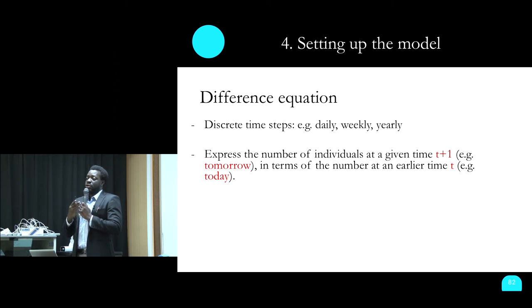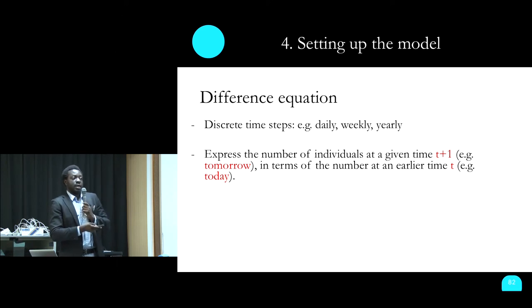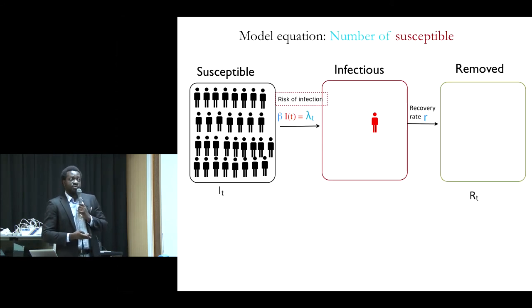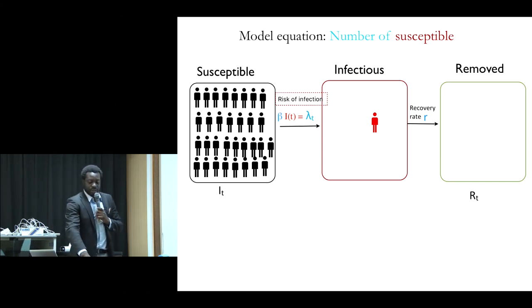And then when you arrive tomorrow, you can use the information from that day to predict the following day. So we're using the information at time t to predict the information at time t plus 1 using difference equations. It's very simple to understand.